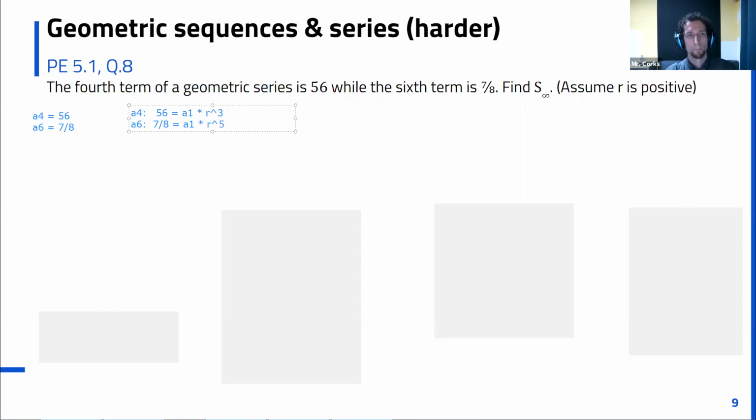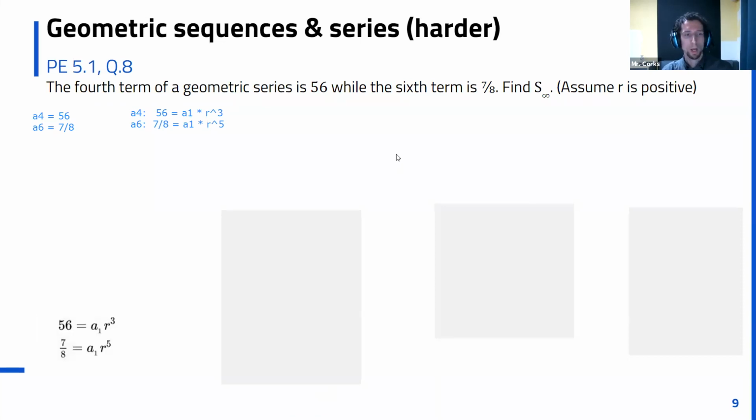Okay. Now, does that look like something we could use? 2 equations, 2 unknowns. You can rearrange and then substitute. This is a system of equations, 2 equations, 2 unknowns, so solvable. We can work with this.